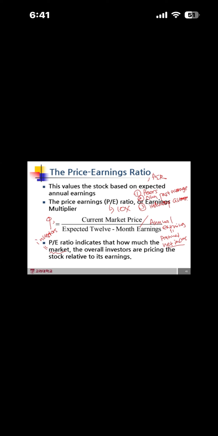However, it doesn't necessarily suggest that it is really expensive, because there is some difference in average multiples by industries. Say the manufacturing industry PER has an average value of say 10 times, while the software and internet industry has an average multiple of 20. So you cannot compare this ratio across different industries.